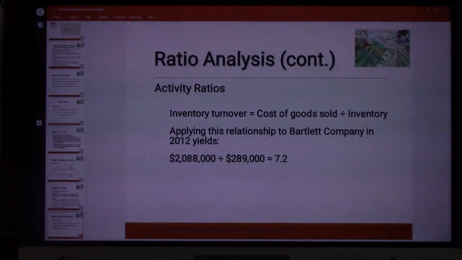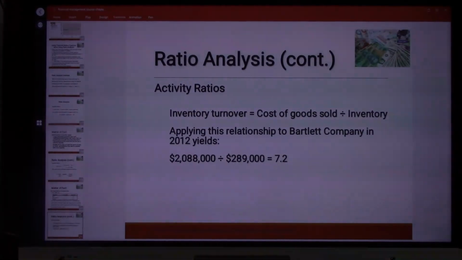What does it mean? It means that this firm's efficiency in managing its inventory is equal to 7.2 times per year. Yani, this firm is able to get rid of its inventory about 7.2 times.